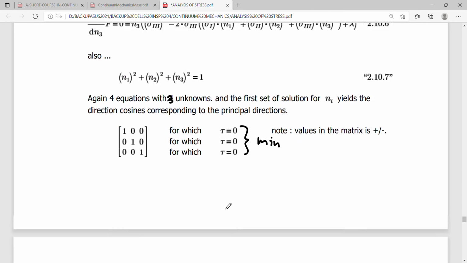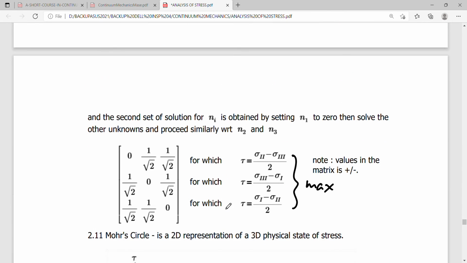For the second set of solution for ni, we simply set any value, say n1, to 0. So this is the method we have done, no, in the previous problem, wherein there are some equations that are equivalent.